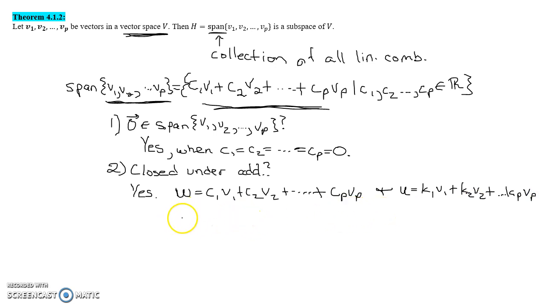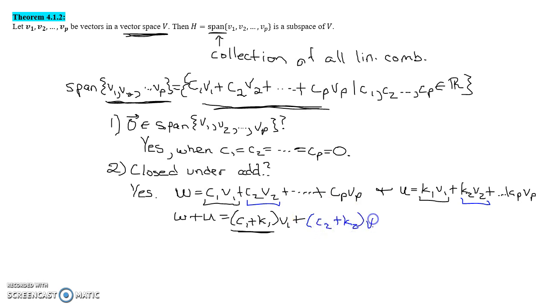So this other vector, if it's in the span, is some linear combination of v1 through vp. And when we take the sum of those two vectors, c1 v1 plus k1 v1 we could write as c1 plus k1 times v1, which is just some scalar times vector 1. Then we could do the same thing with v2: we have c2 times v2 and k2 times v2, so we combine those to say c2 plus k2 times the vector v2.